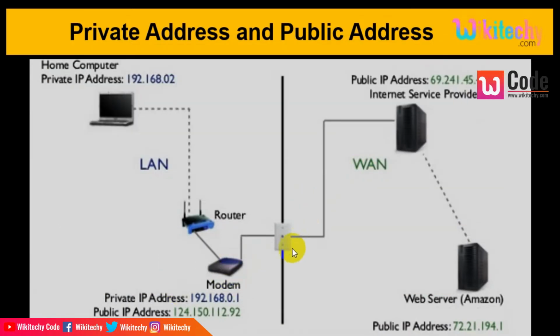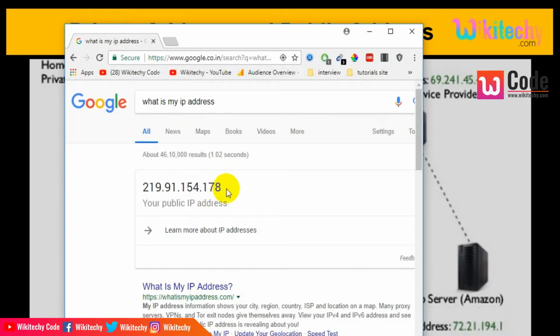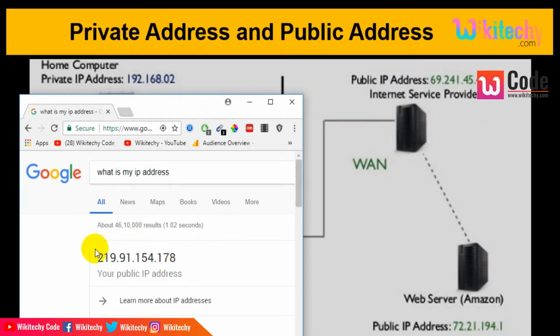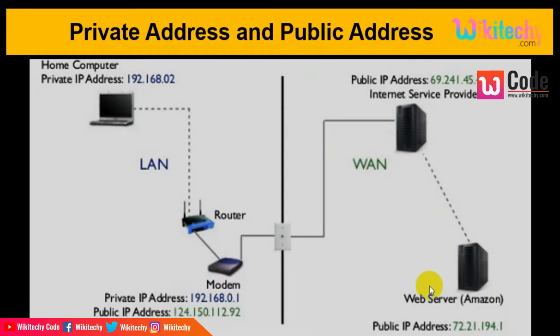Via this, it's going out to the outside world through the internet, and my public IP address is this one, which is given by my internet service provider, ISP. And afterwards, whatever website I want to access, it will go and access it. This is how private and public IP addresses work.